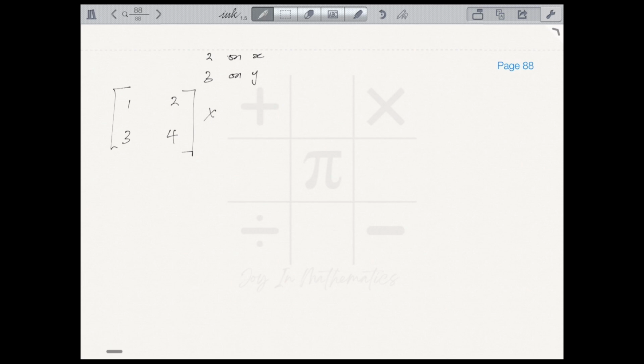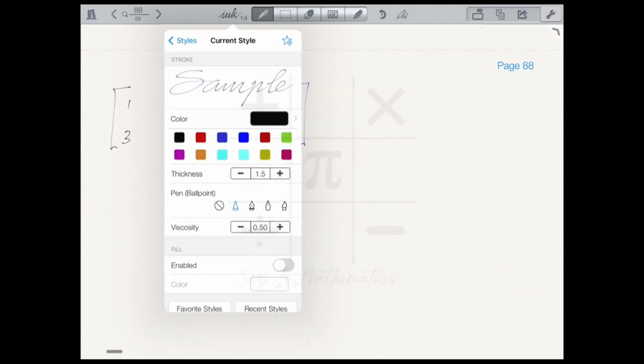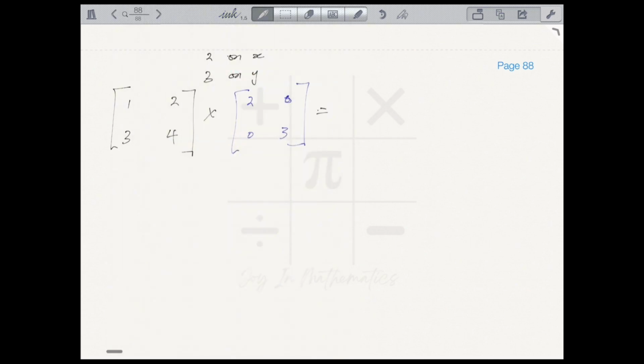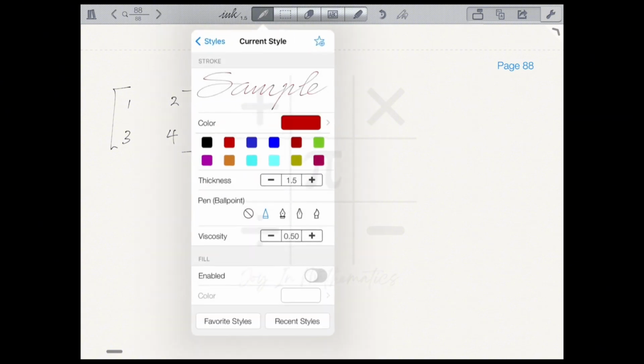Therefore, I'm saying that my scaling matrix is 2, 0, 0, 3.